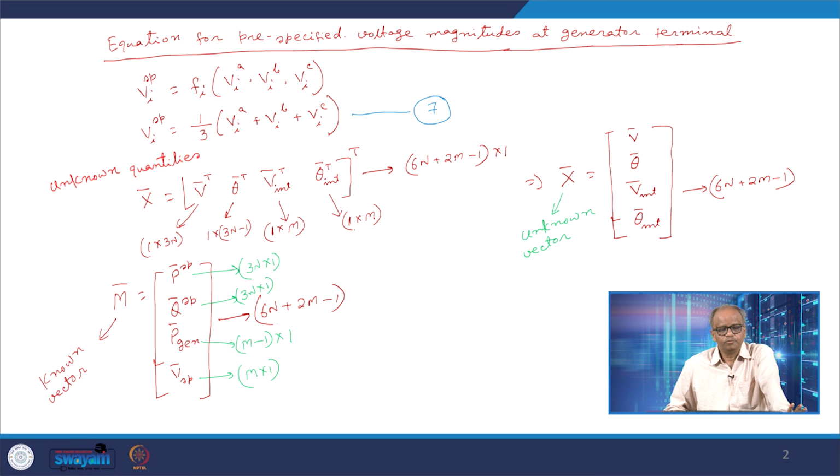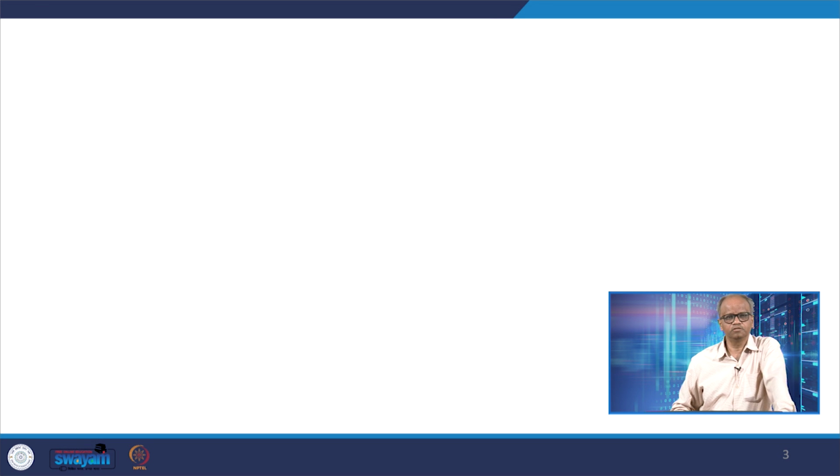Now, before we start solving this set of equations, let us do some recapitulation of the balanced load flow. We will try to recollect what we actually do in the case of balanced load flow, and then we will straight away import that method in this case also.